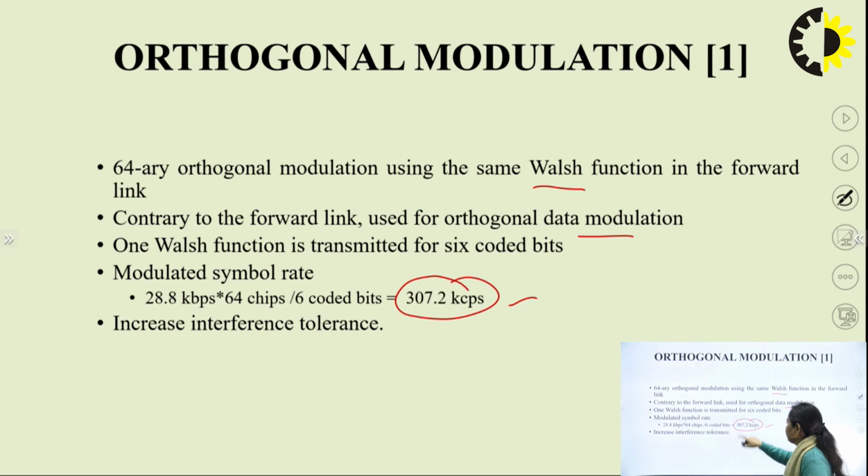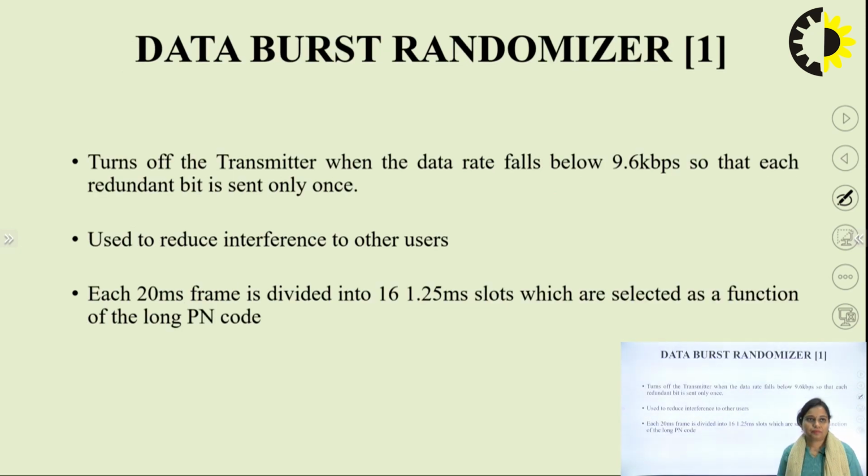So these are the coded bits present here, and it increases the interference tolerance. Next one is the data burst randomizer. It turns off the transmitter when the data rate falls below 9.6 kbps, so that each redundant bit is sent only once. It is used to reduce interference to other users.